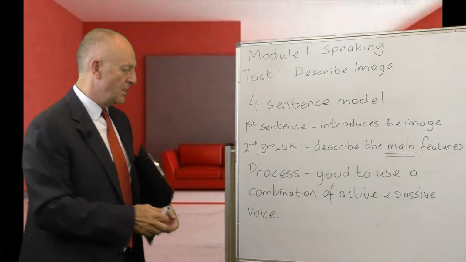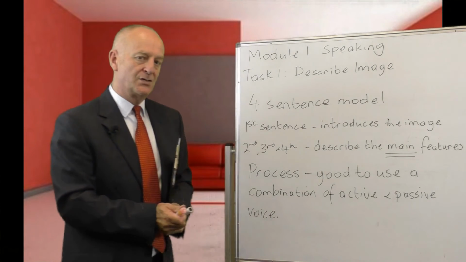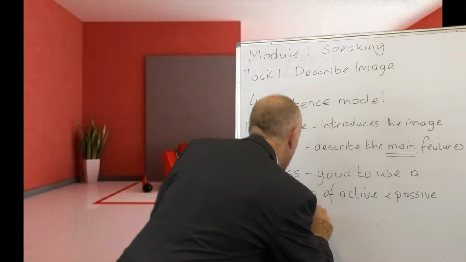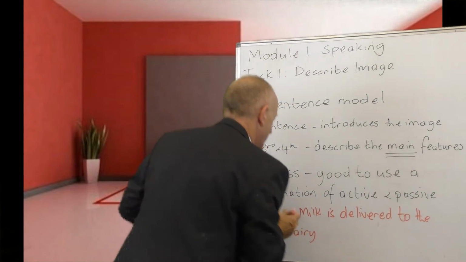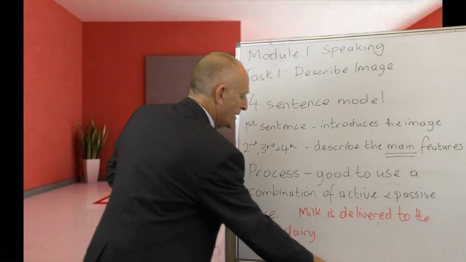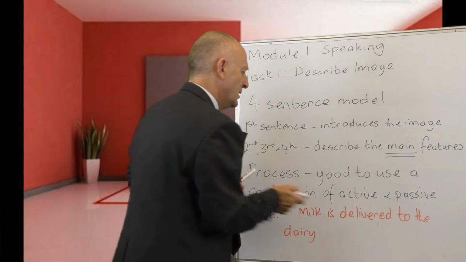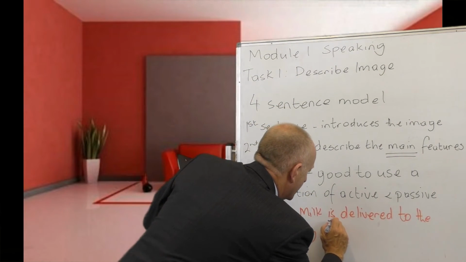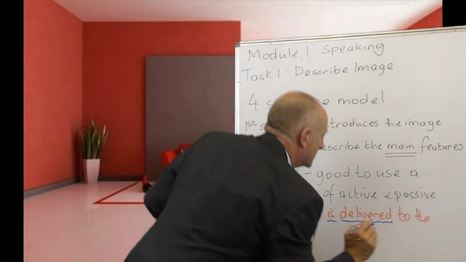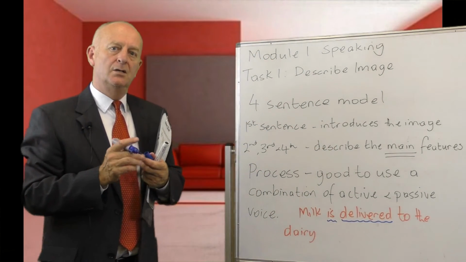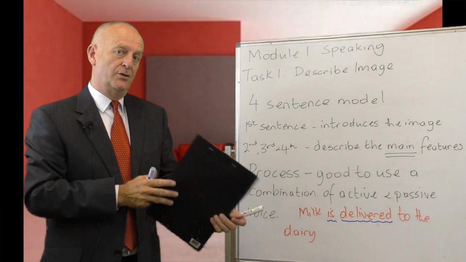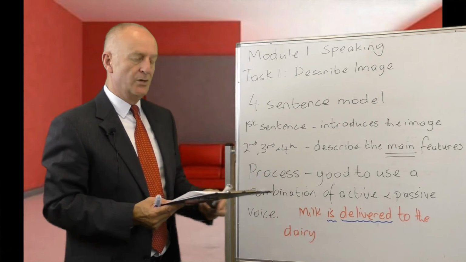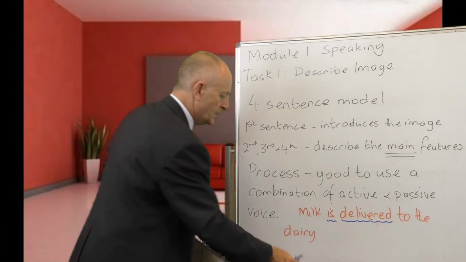So that's the most common use of the passive voice. Just an example there. Milk is delivered to the dairy, and some form of the verb to be plus, do you know what that is? The past participle of the verb, and that's the most common use of the passive voice.